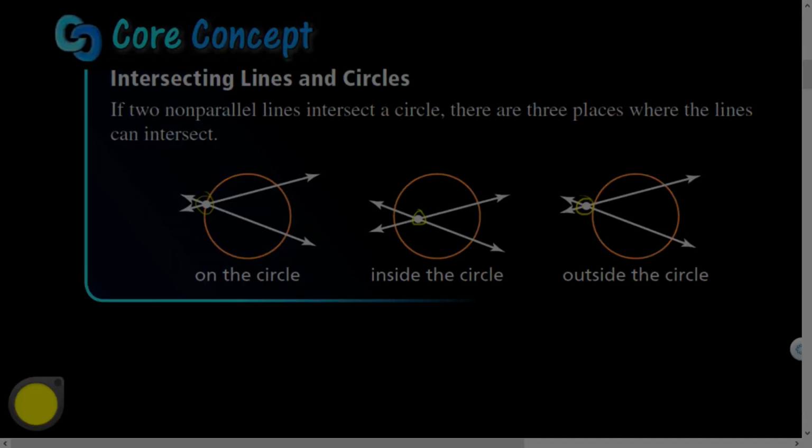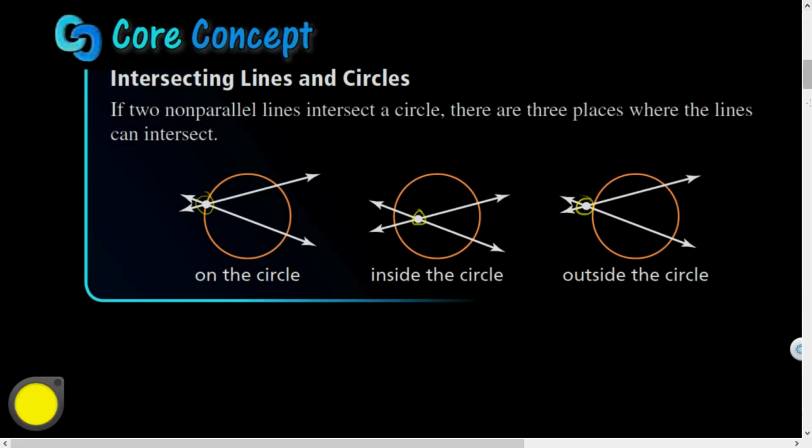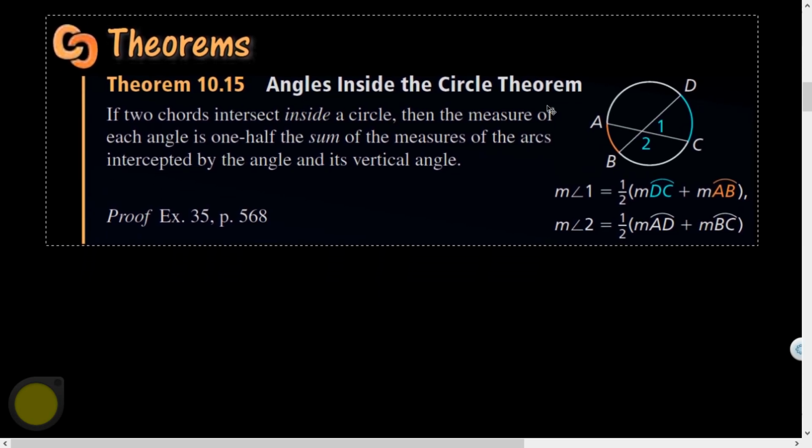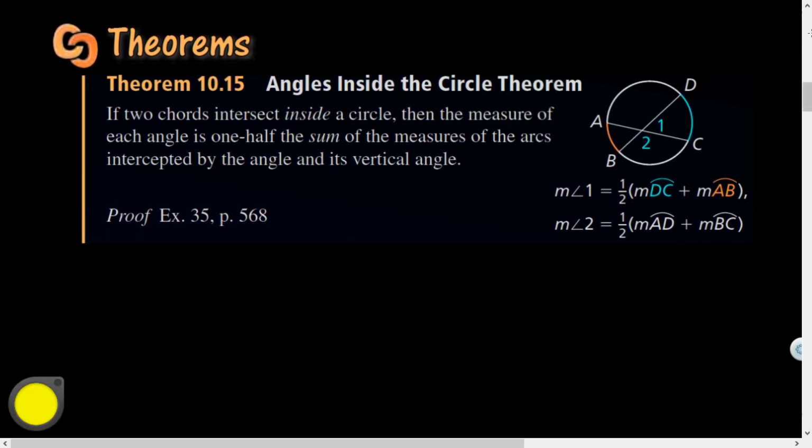So it turns out that here's a whole bunch of theorems, and there are ways to see some patterns and relationships between these. But let's look at theorem 10.15. Do the lines intersect in, on, or outside of the circle? Where do the lines intersect? Inside the circle.